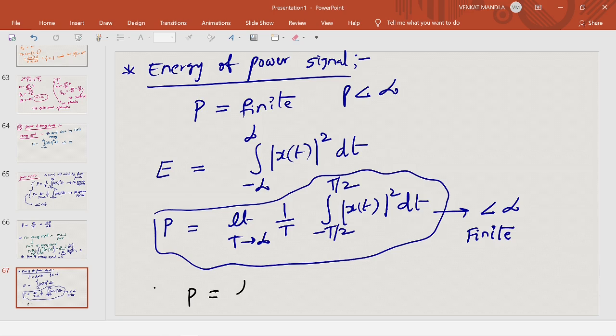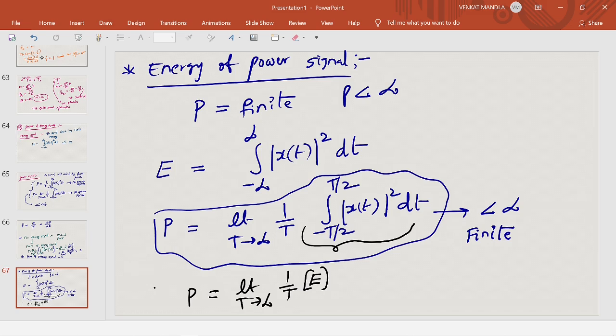P equals limit T tends to infinity 1 by T. What is this value? This value is energy. So this value should be finite. So E by T, limit T tends to infinity.